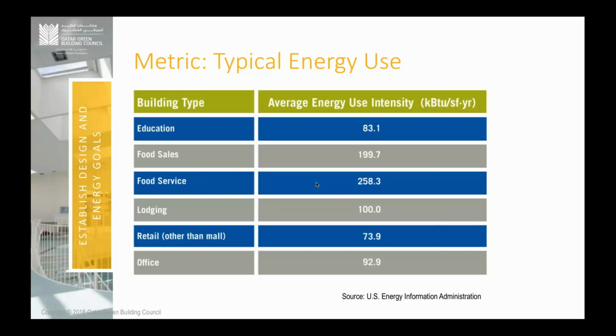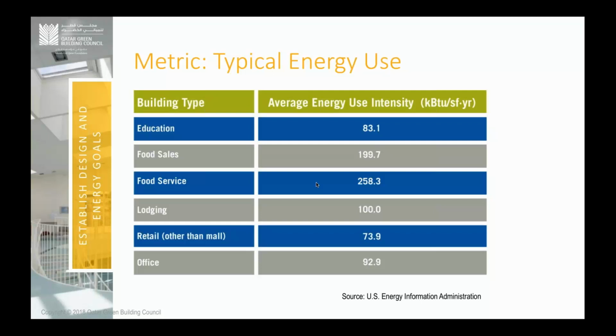So first thing, as we mentioned, you need to measure to be able to manage. That's part of the concept, that you need to understand your building typology and the average energy use intensity. Energy use intensity is the average energy consumption per square foot or square meter, depends on your region, per year.